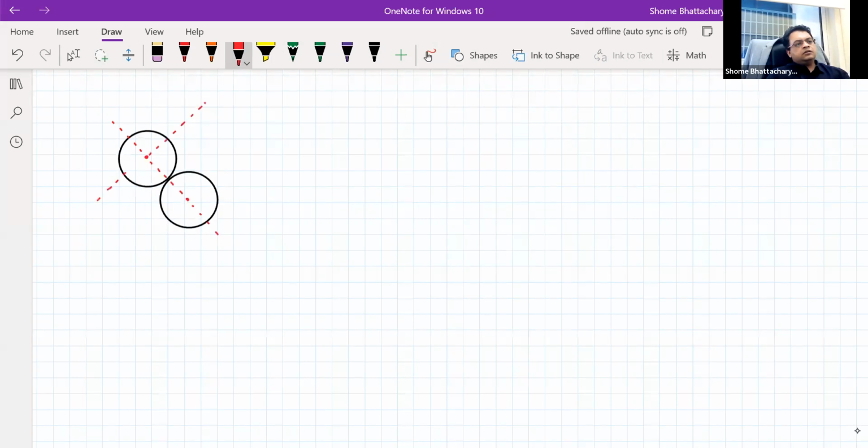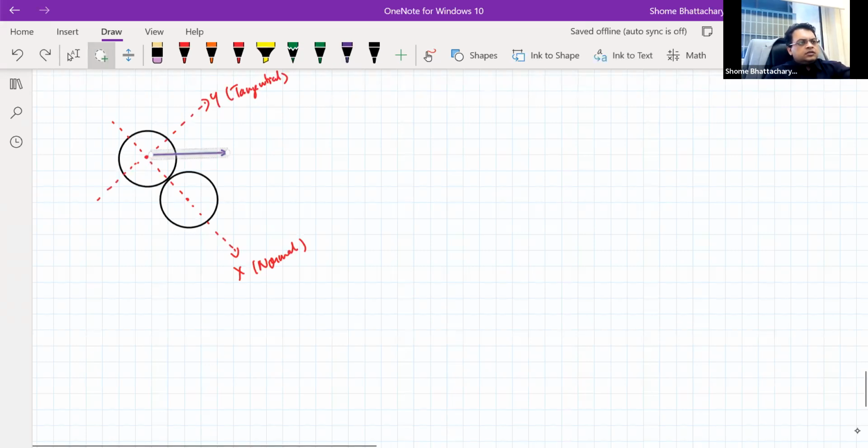So I'll be taking this as the y-axis, which is our tangential axis. You can also write this, instead of x and y, as normal and tangential axis. Okay. So the initial velocity vector of A is like this.